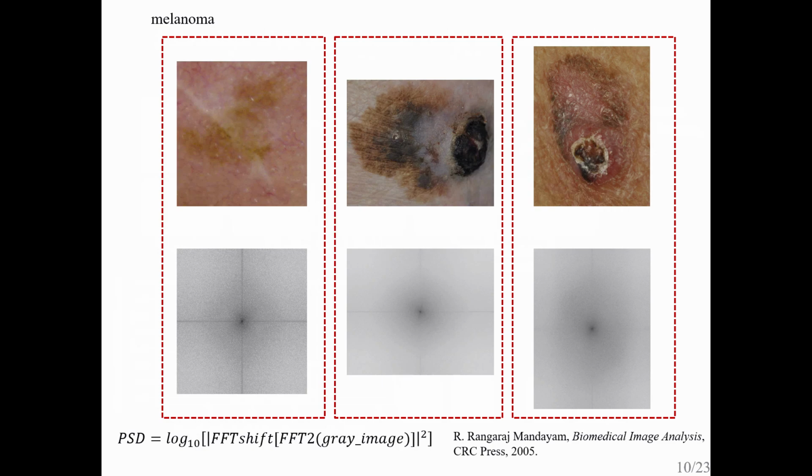So let me get back to the MedNode dataset. I have a couple of melanoma-type images here. As you can see, the PSD images of melanoma can be characterized in terms of frequency level. So in original images, if periodic patterns, dots, or streaks occur, I can easily analyze them in the power spectral density domain.